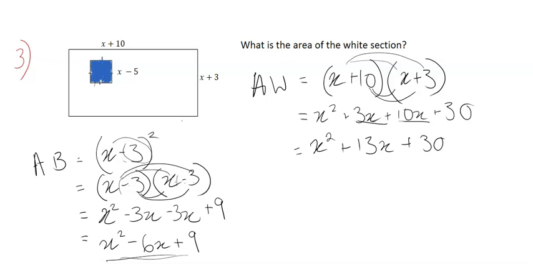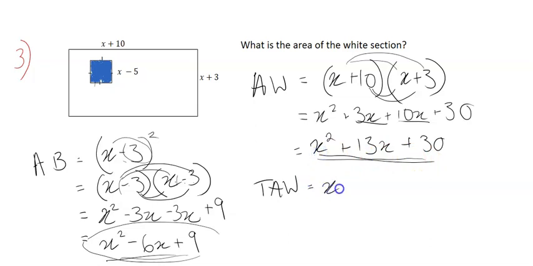That's super important. All right, we've got the area of the white, we've got the area of the blue. So now we're going to go ahead and get the total area of just that white section, okay? So that means we take this area here, x squared plus 13x plus 30, and we take this area here and subtract it away. So x squared take 10x plus 25.